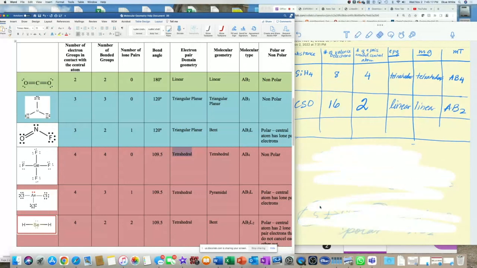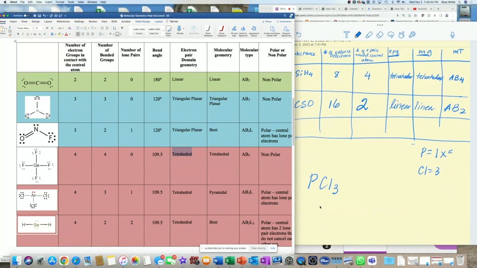So I'm going to leave it as that. Then let me do one that has lone pairs. Let's see. Let me see what we have here. Let me do PCl3. Okay. With PCl3, phosphorus is in, we have 1 in the formula, and chlorine, we have 3 in the formula.